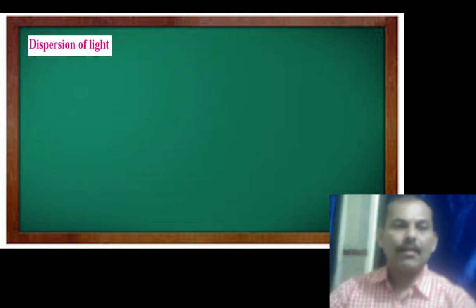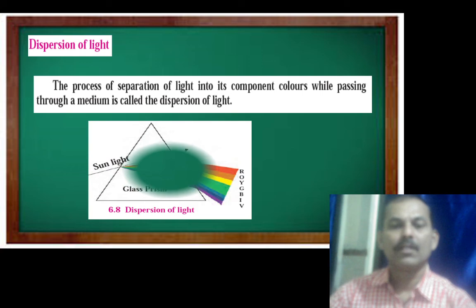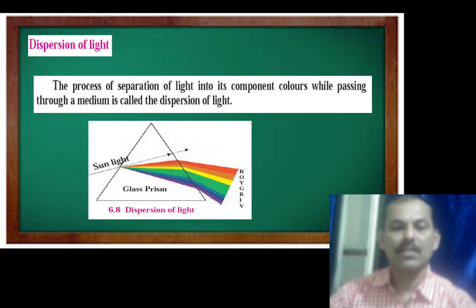Then dispersion of light. What is dispersion of light? The process of separation of light into its component colors while passing through a medium is called the dispersion of light. We'll see that phenomenon of dispersion in this diagram.